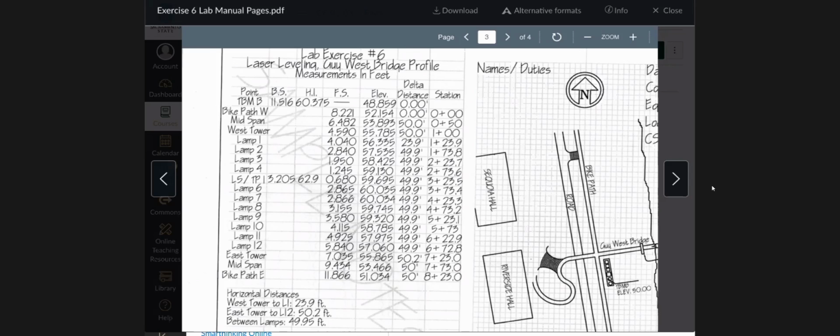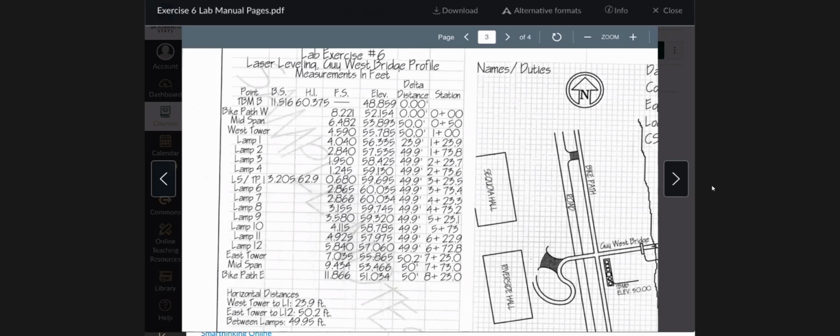But in order for you to plot a profile, you have to have some distances on your horizontal axis. So we're not going to send you out with a tape measure to do a taping exercise all the way across this bridge. We're going to give you some distances that you're going to assume, and those are over there in the delta distance and the station columns.